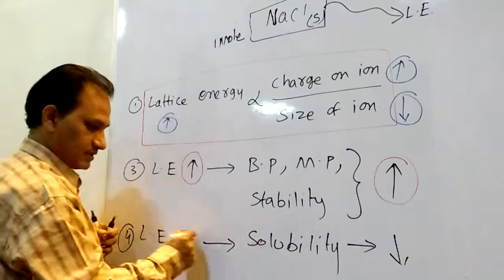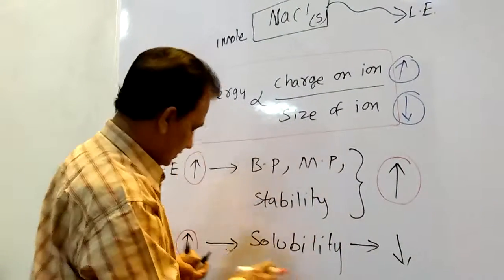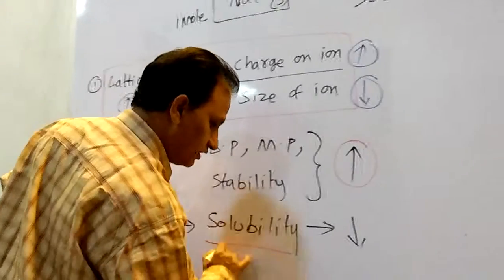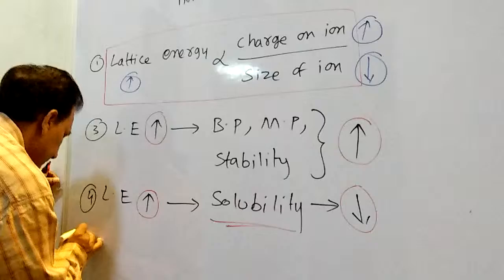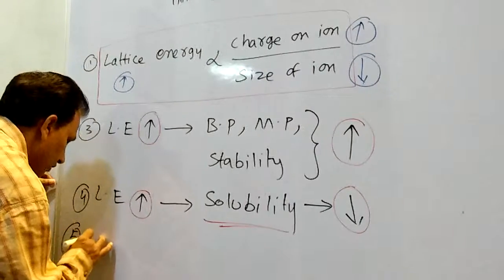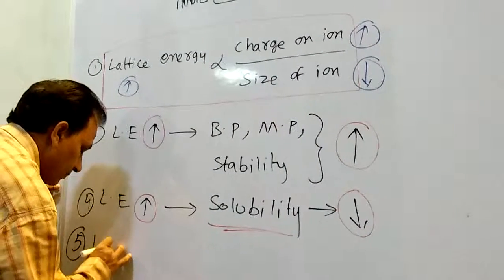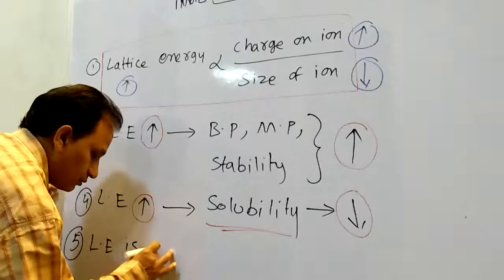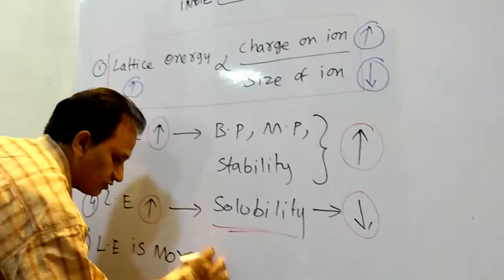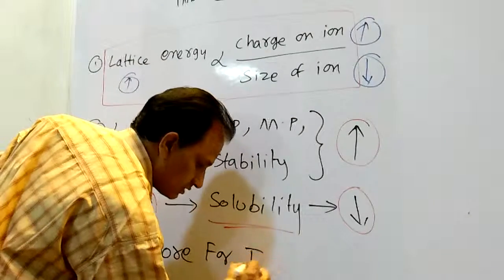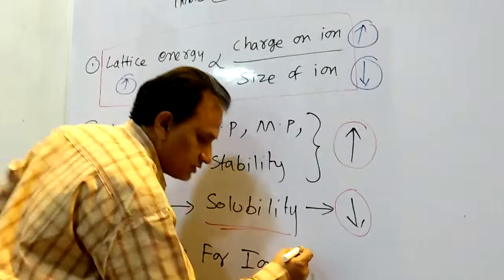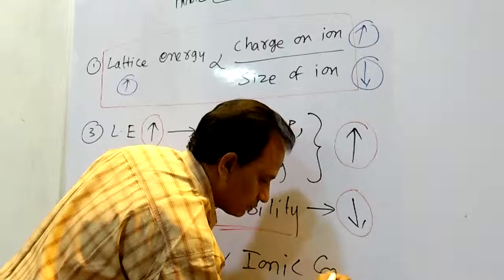Lattice energy increases, stability increases. Lattice energy increases, solubility decreases. And lattice energy is more for ionic crystals, ionic compounds.